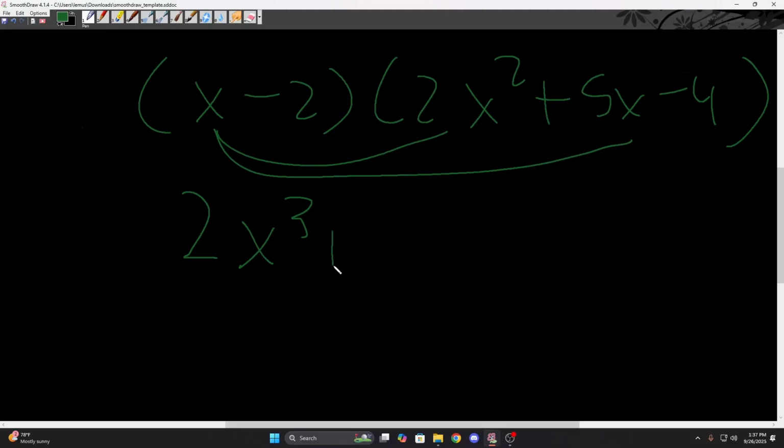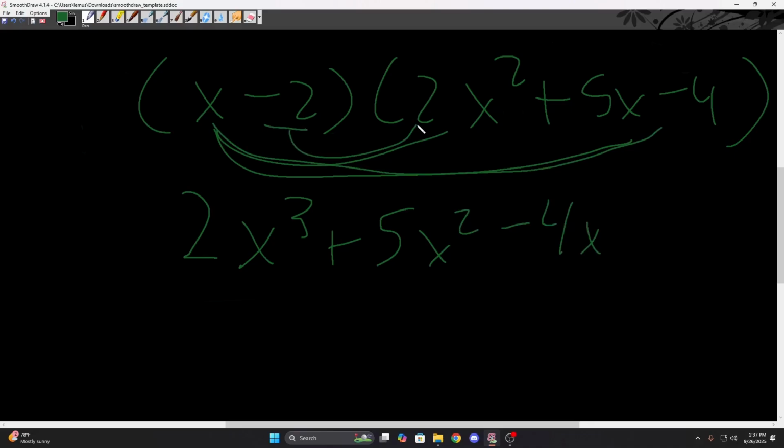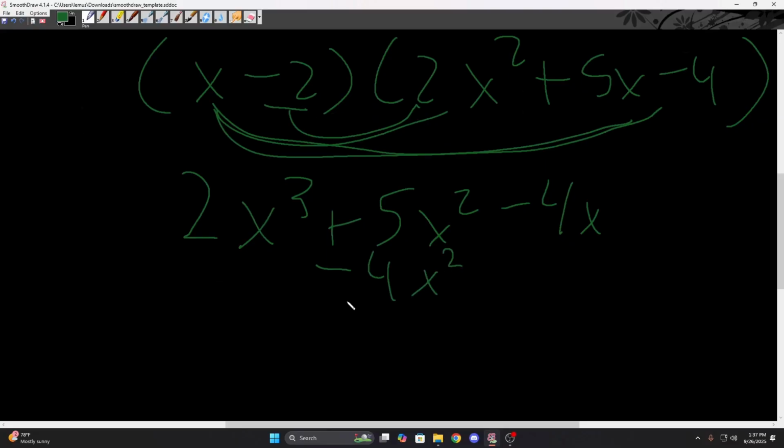You should get 5x squared. And then you have x times negative 4. That's minus 4x. Now you distribute the negative 2. You have negative 2 times 2x squared. That's negative 4x squared. What I like to do is put it at the bottom, that way I can organize my stuff.